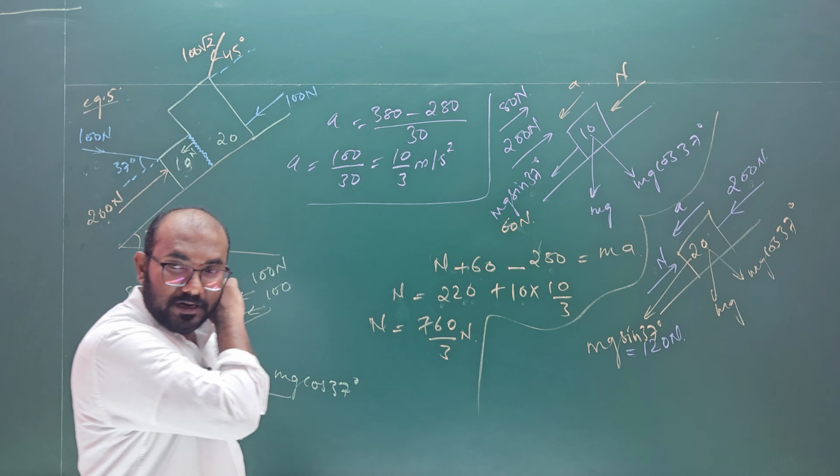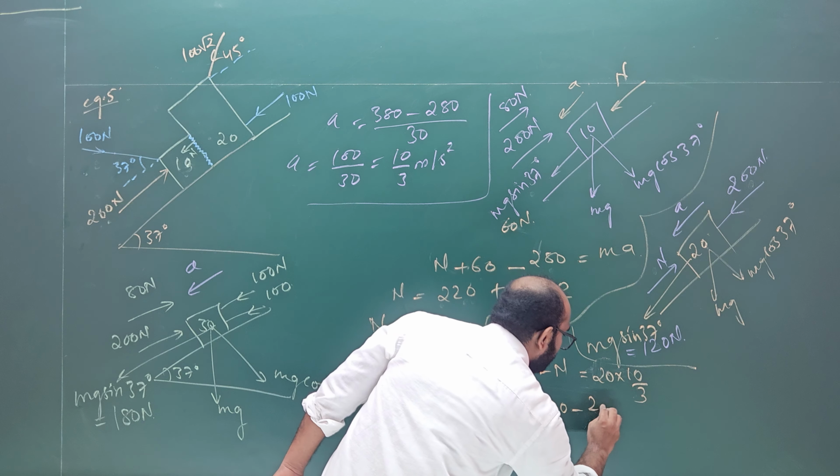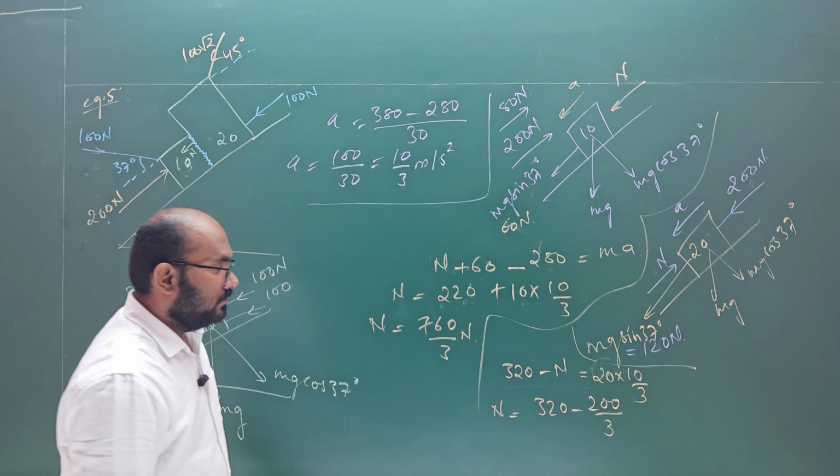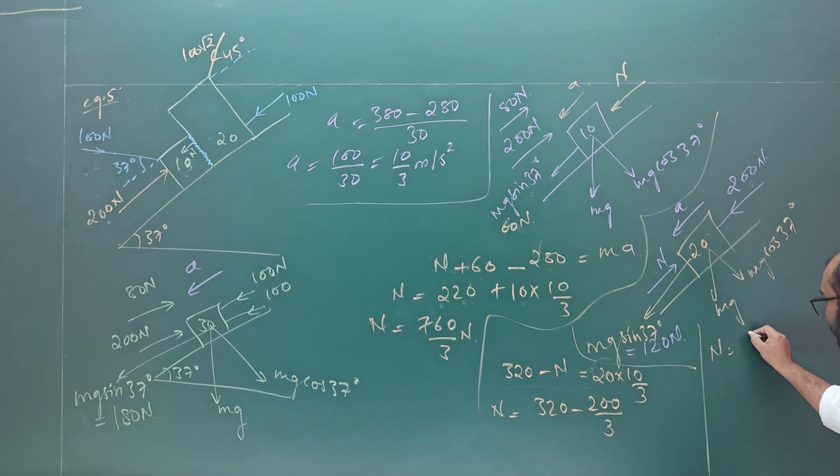So this is 20 into 10 by 3, and the normal equals 320 minus 200 upon 3. What is its value? 960 minus 200, so normal equals 960 minus 200 upon 3. Then normal is 760 upon 3 Newton. Yes or no?